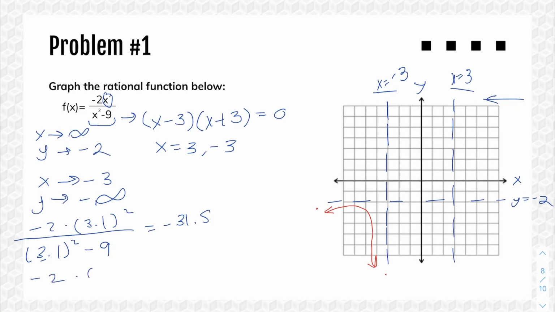Let's use -2 times 3.01 squared over 3.01 squared minus 9. Now in the calculator, that tells us that is also -301.5. This also shows that as x approaches 3 from the right direction, y also approaches -infinity.